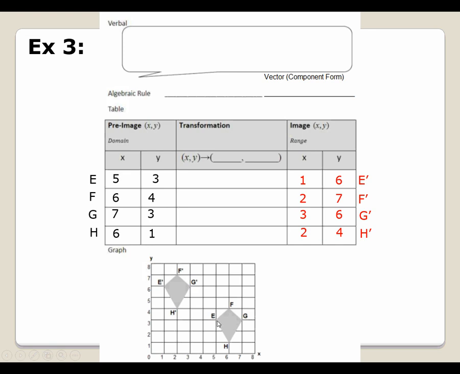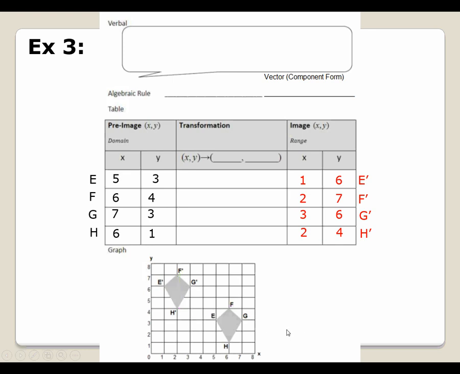I can see here and count how far E went to get to E prime, and how far H went to get to H prime, etc. So if I look here, H traveled 4 left and up 3 to get to H prime. E also traveled left 4 and up 3 to get to E prime. F also traveled left 4 and up 3 to get to F prime.